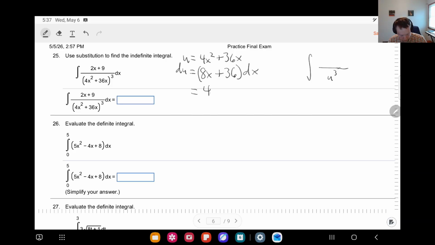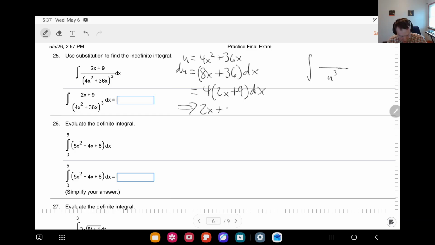If I factor out a 4, that's then 2x plus 9. So there's basically just an extra times 4 here. Well, 2x plus 9 dx, that's what we actually have in our integral. That's what we need to replace. So I want to move this 4 on over.